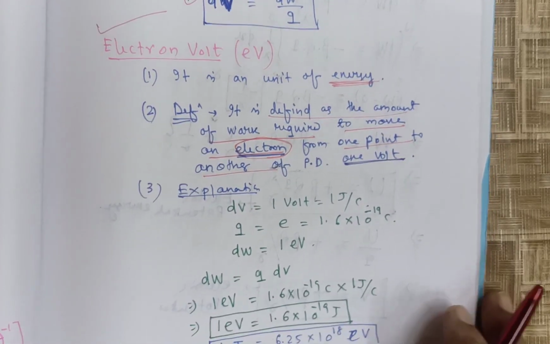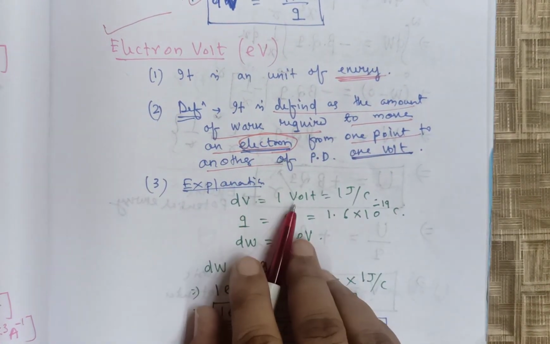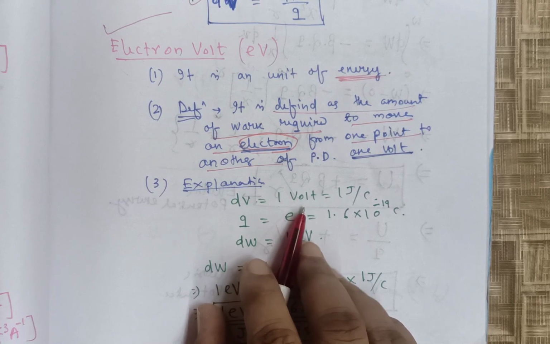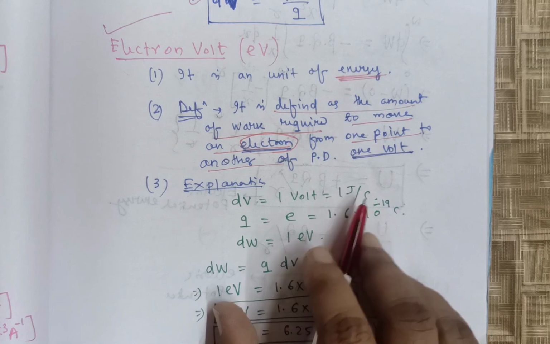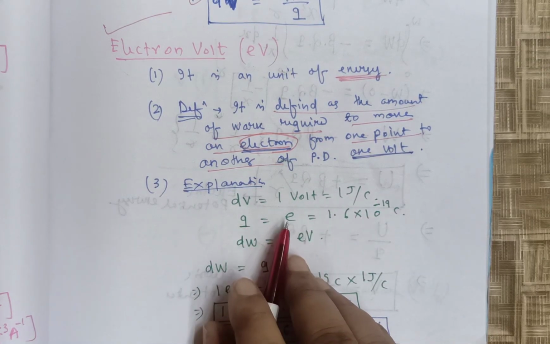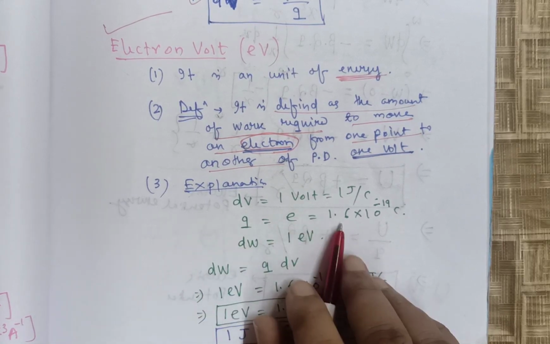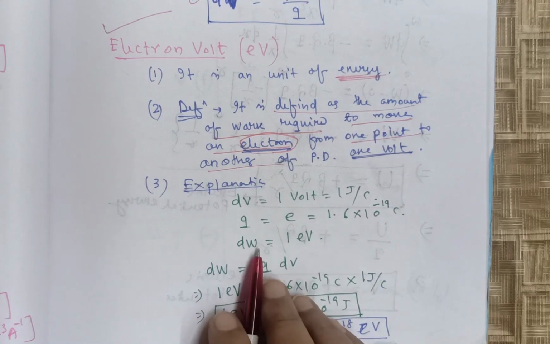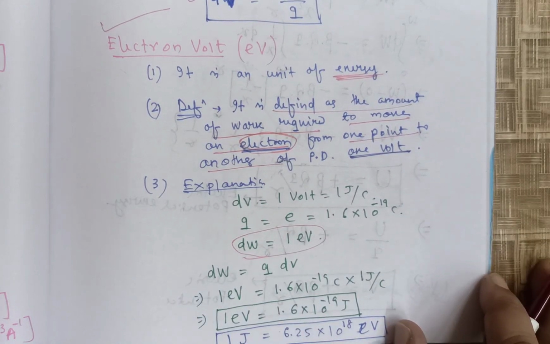Now how can you calculate electron volt? From the data, the potential difference is 1 volt, so you write dV is equal to 1 volt, and you can also redefine 1 volt as 1 joule per 1 coulomb. Then what is the amount of charge you are moving? Now you are moving an electron, so the charge of an electron is Q, that is 1.6 times 10 to the power minus 19 coulomb. The amount of work done is 1 electron volt.